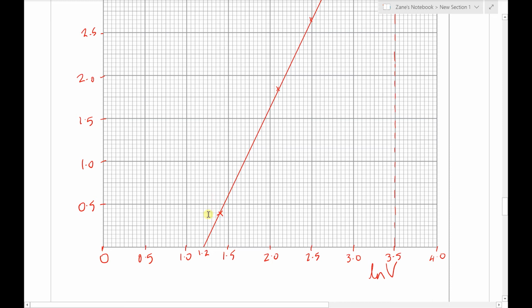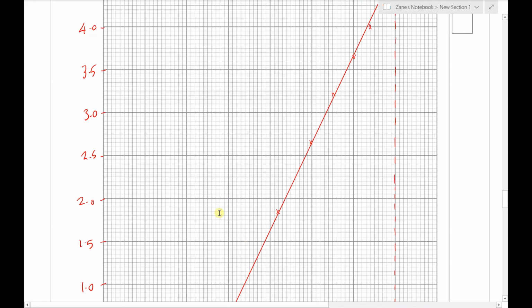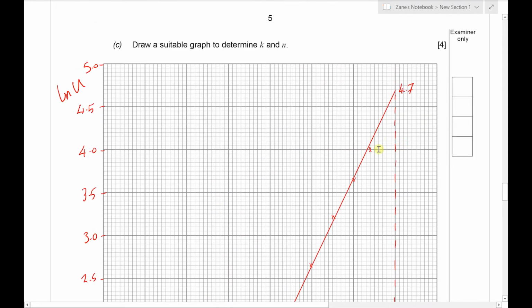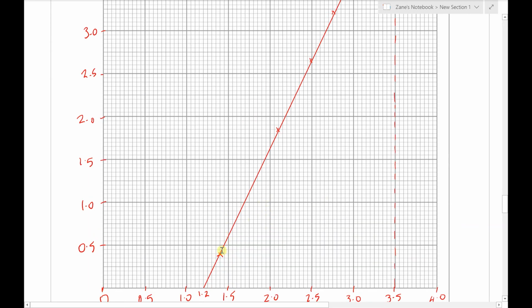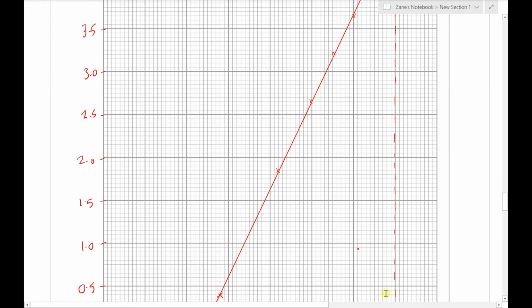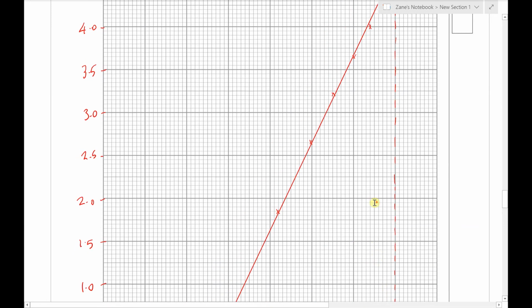You've got to make sure that your points occupy at least half of the graph paper. So looking in the vertical direction, you can see quite easily that we've covered almost all of the paper. Horizontally, our points have covered 1, 2, 3, 4 and 5 for the last one, 5 squares.